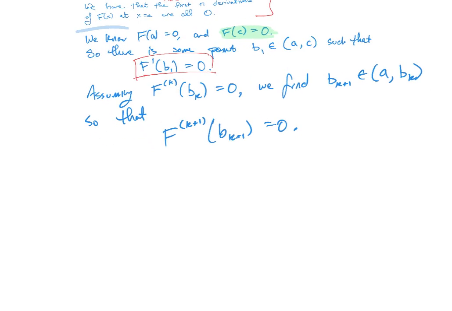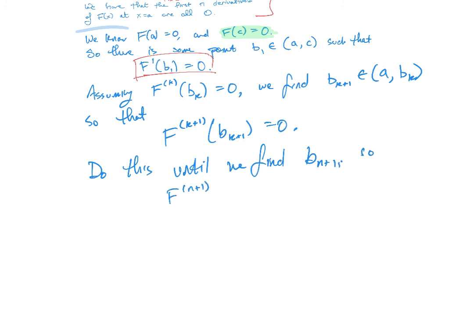We keep doing this until we find Bn plus 1. So we know that the n plus first derivative of F at Bn plus 1 is 0.